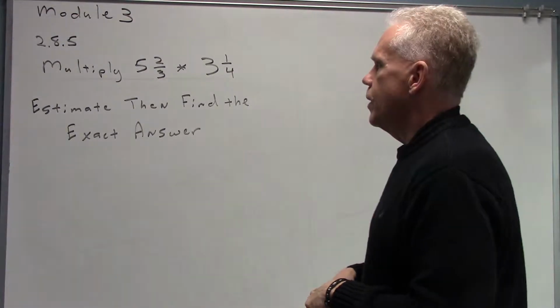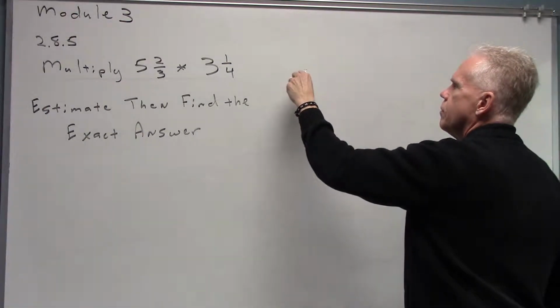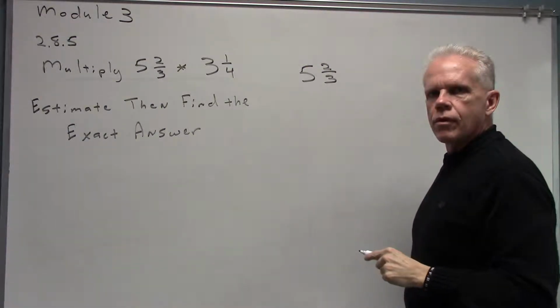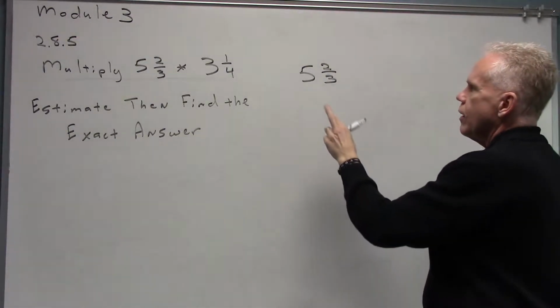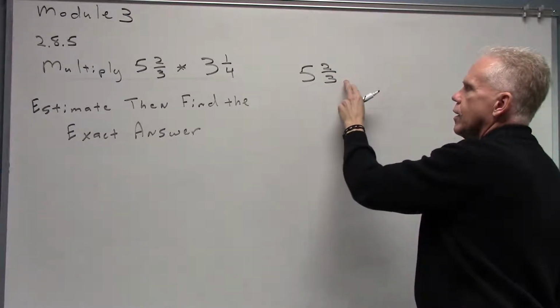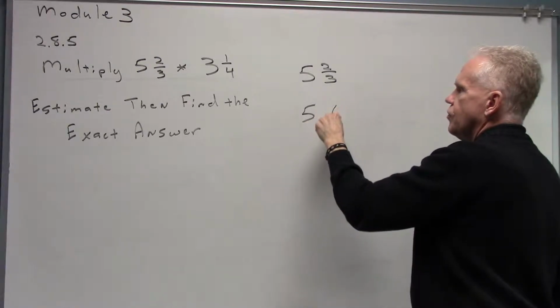First, let's do the estimate. There are many ways to do this, but what I want to do is first write my 5 2/3. Now I'll get on my calculator and do 2 divided by 3. When I do 2 divided by 3 on the calculator, I'll get 0.6.